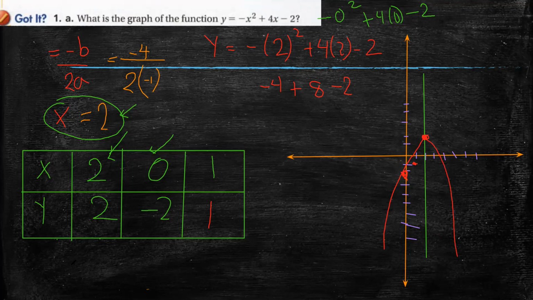This is now my curve. It must be downward, and I plot the 3 points. Is it clear now? Yes, teacher, I'm just making the graph. Okay, let's have now another example here.